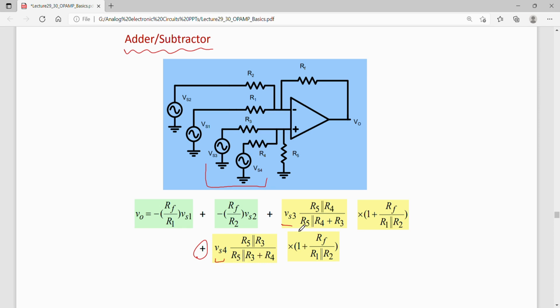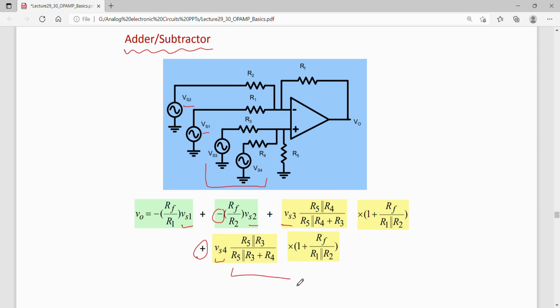And Vs1 and Vs2 are subtracted from Vs3 plus Vs4. So Vs1 is subtracted, minus, and Vs2 is also subtracted by this minus. So I can write a relationship here, that is V0 is this much.